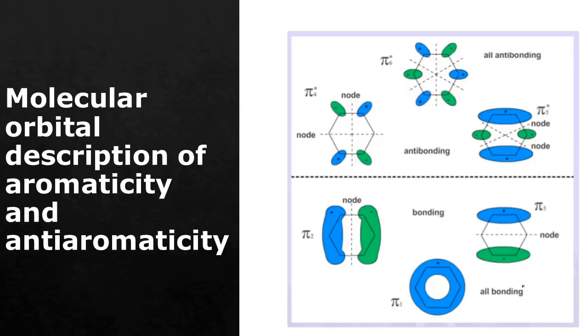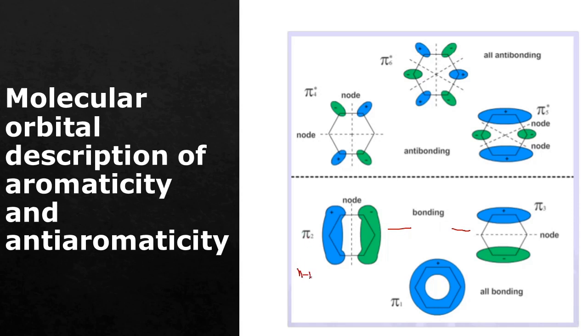This is again another way of representing the molecular orbitals in benzene. You can see this is the lowest energy orbital where the energy distribution is equivalent and it does not have a node. And as we move up, these two depictions indicate that these two are in equal energy. Okay, they are degenerate, and also this is pi 2, therefore it will have n minus 1 nodes.